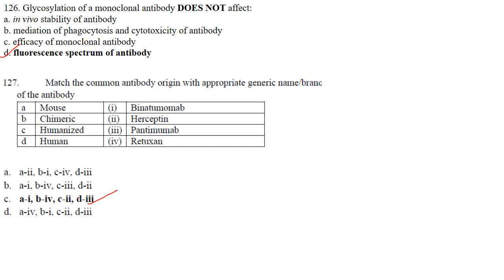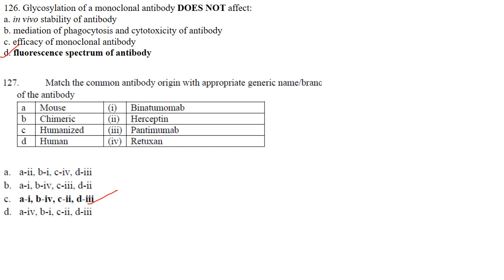Now glycosylation of a monoclonal antibody does not affect the fluorescence spectrum of the antibody. Answer is option D. Now match the common antibody origin with the appropriate generic name of the antibody.